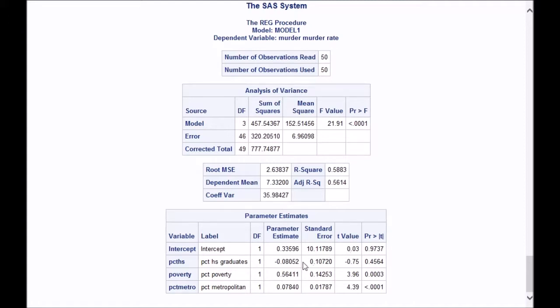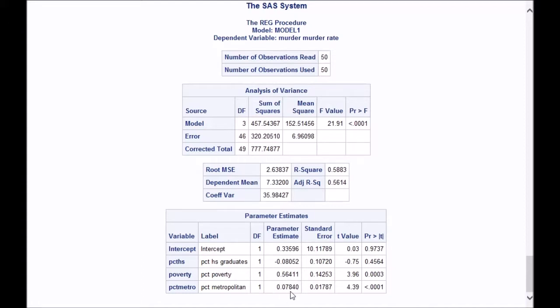And then our estimates, we come down here and we see that high school graduation rates, again, not a significant predictor. Poverty remains a significant predictor, and percent metropolitan is also a significant predictor. So per 1% increase in poverty, we see now a 0.56 unit increase in murder rates when holding constant high school graduation rates and the percent of the population that lives in metropolitan areas.